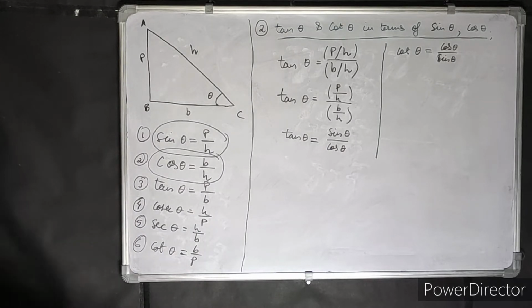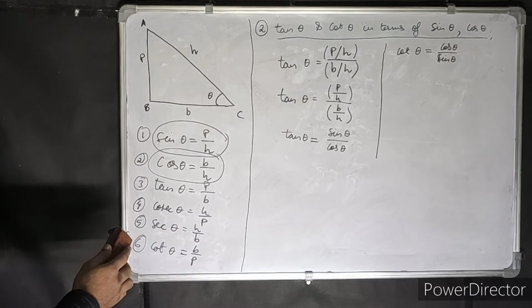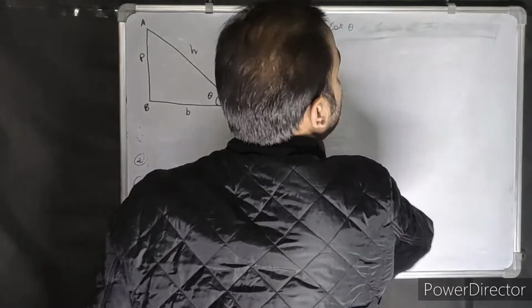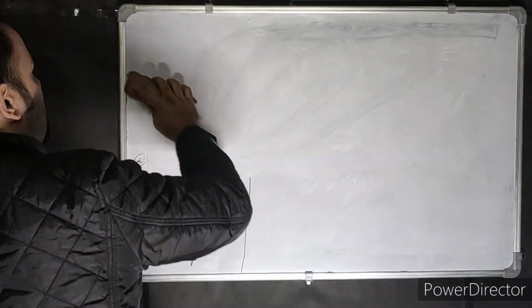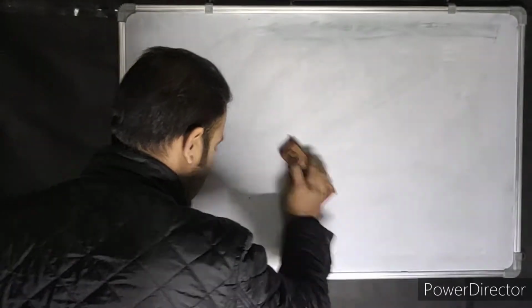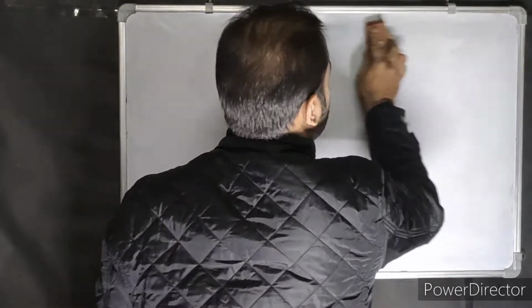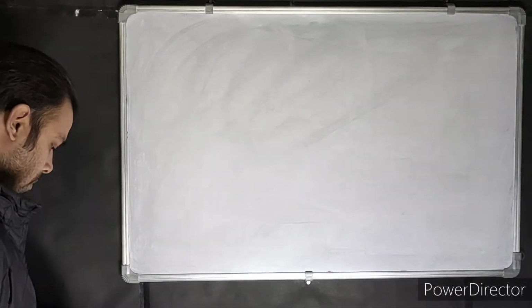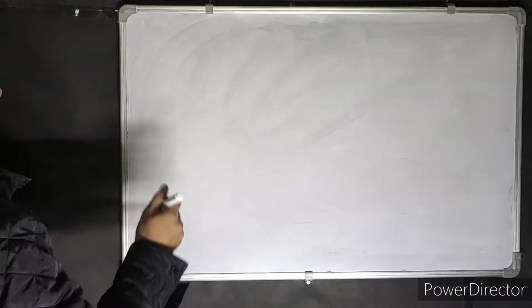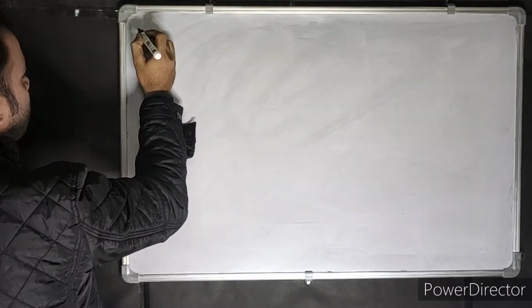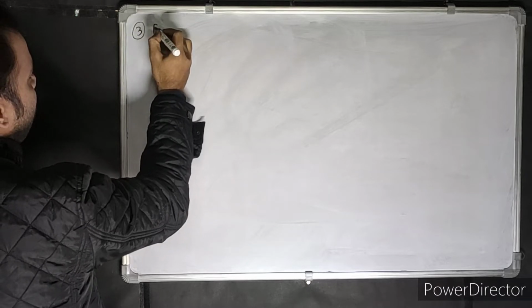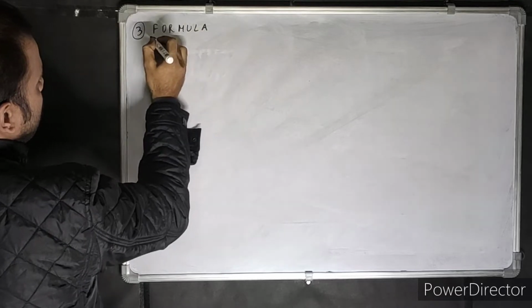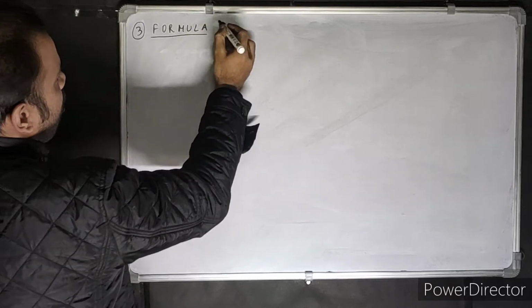So let's write the third part, and let's draw a new diagram for it. Write part 3, trigonometrical formulae.